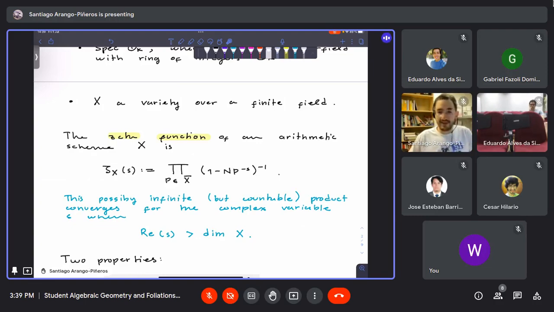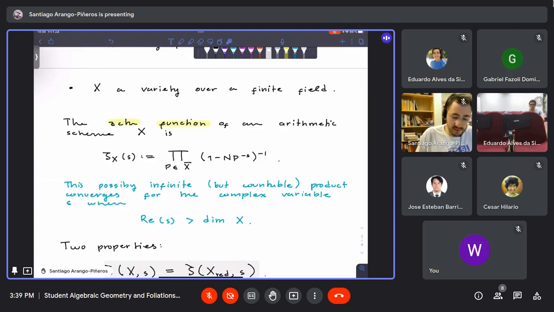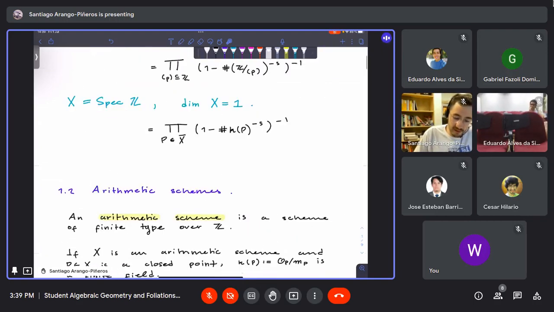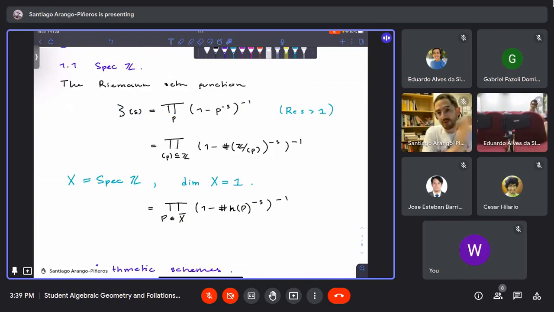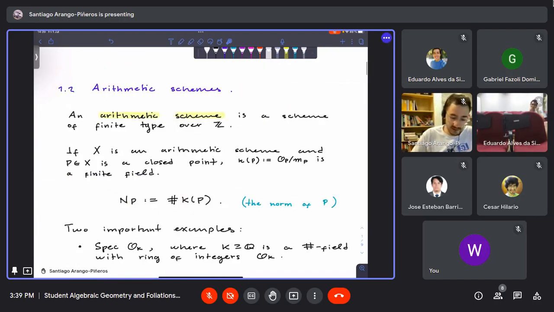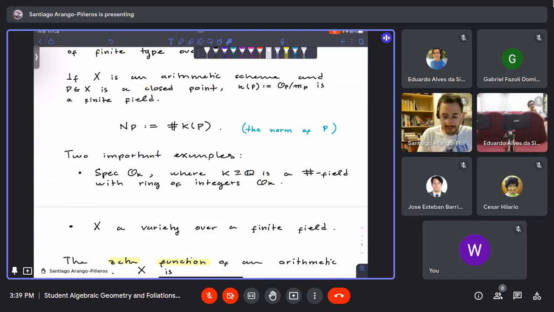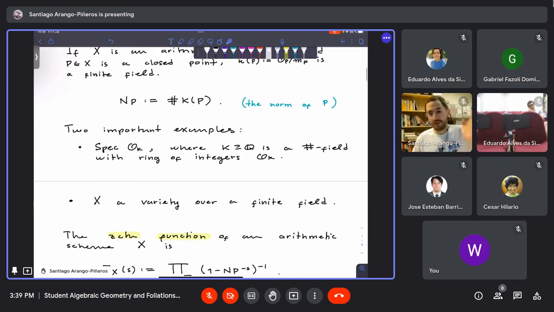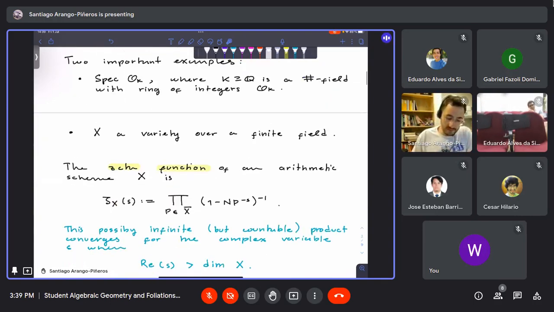Today I'm not going to focus on any convergence issues, but this turns out to be a holomorphic function defined when the real part of the complex variable s is greater than the dimension. For Z, we had that this product converged on the half-plane real part of s greater than 1. But more generally, it's always going to converge on some open half-plane.